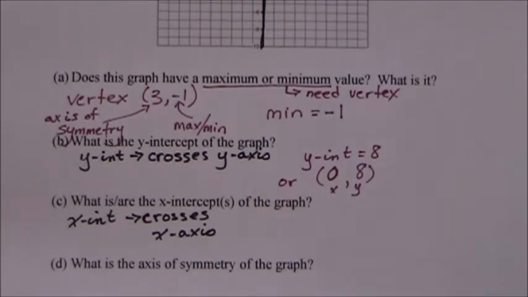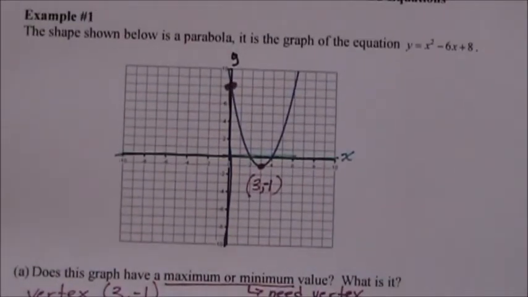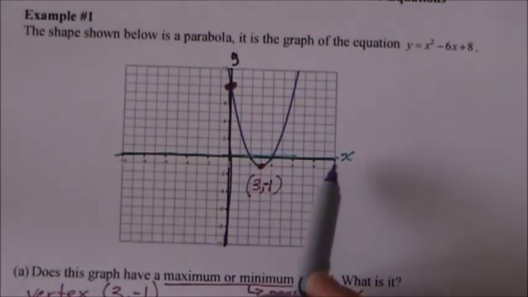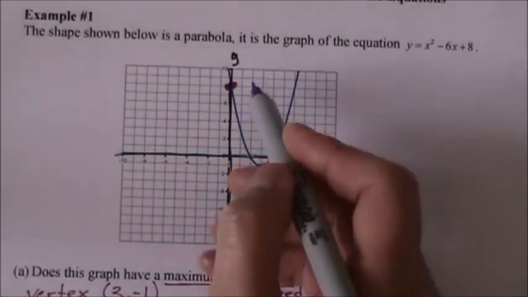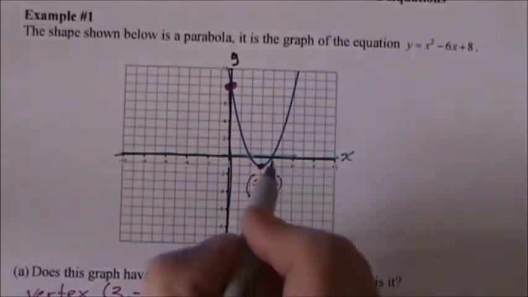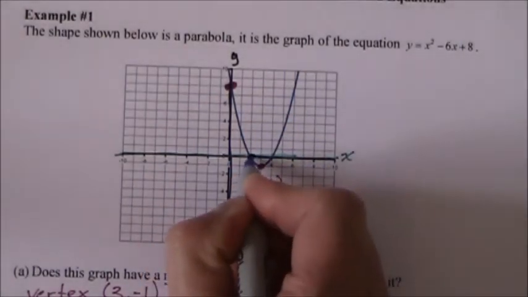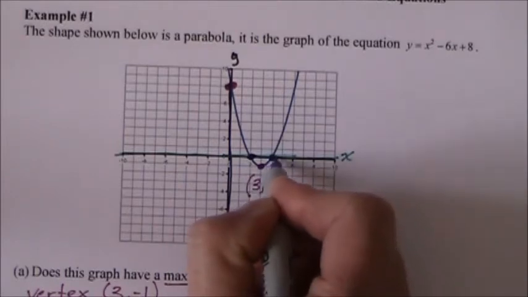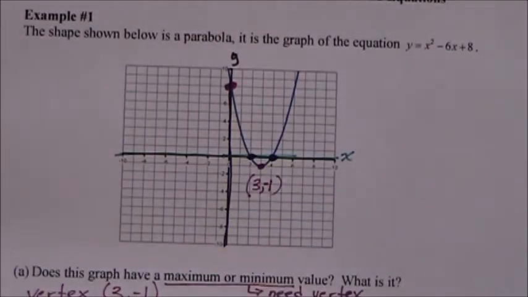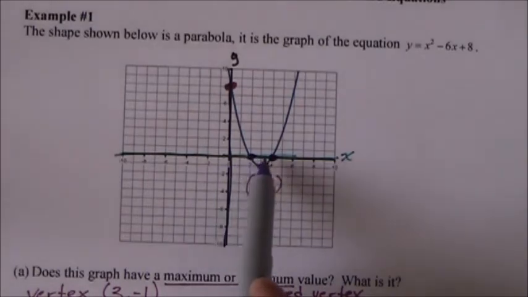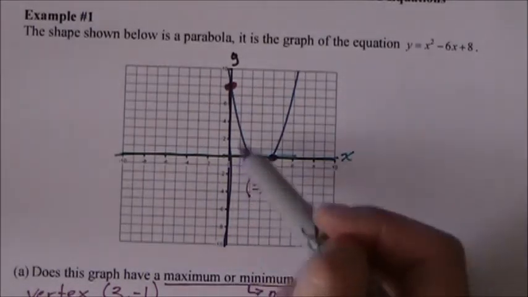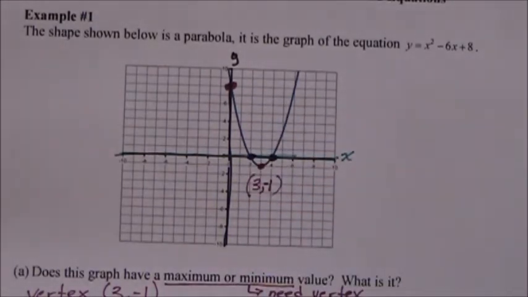So taking a look at our graph, here is our x-axis. Our graph goes down and above the x-axis. It crosses right here at 2 and also here at 4. The y value at those two spots is 0 because we haven't gone up and we haven't gone down.